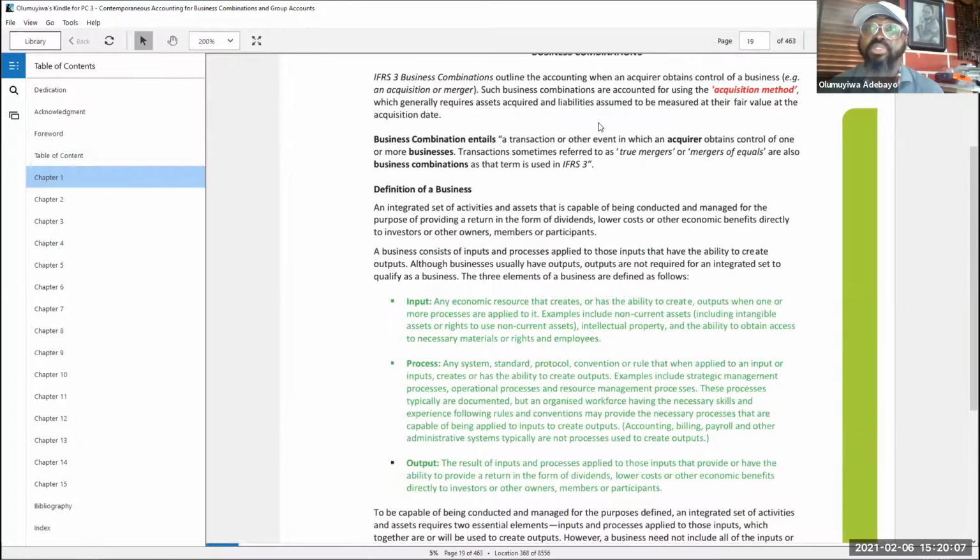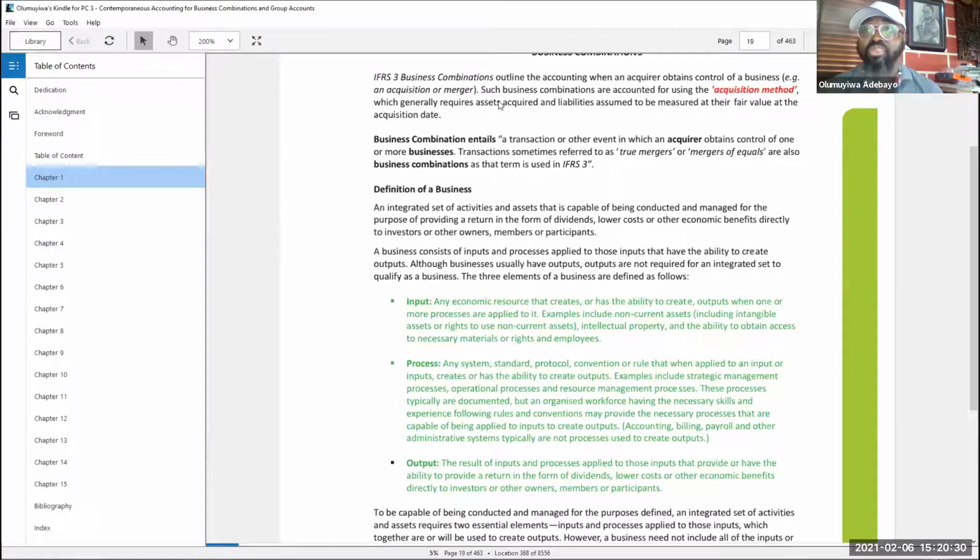Now, what happens is that once we are able to identify that there's a business combination, we then need to resort to what kind of accounting methodology may be applied to account for this kind of transaction that has taken place.